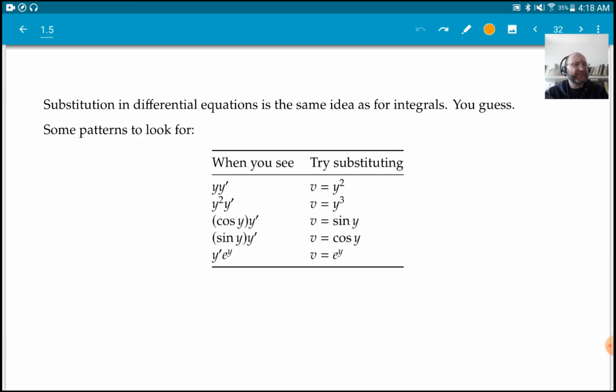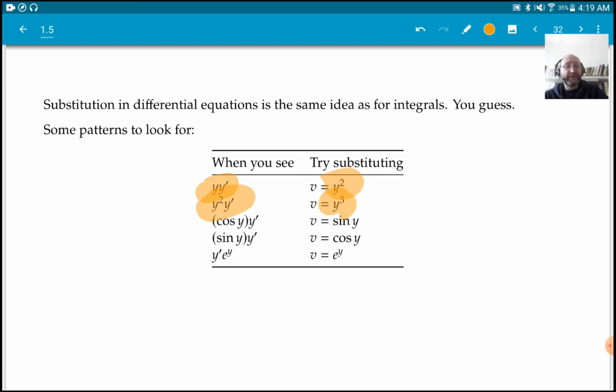Here's a short list of patterns to try, and it doesn't necessarily have to be exactly that. But when you see something like y times y prime, maybe try y squared, because when you differentiate y squared, you will get y times y prime. Same thing if you see y squared times y prime. Basically, whenever you see a derivative in terms of y times y prime, as in how you would do an implicit derivative, you then try the antiderivative of that.